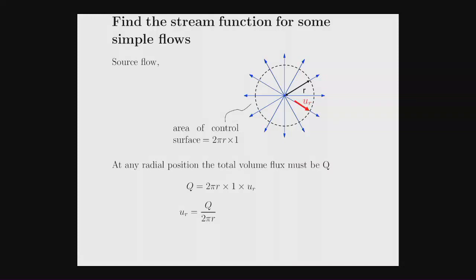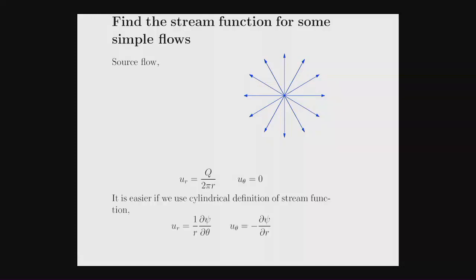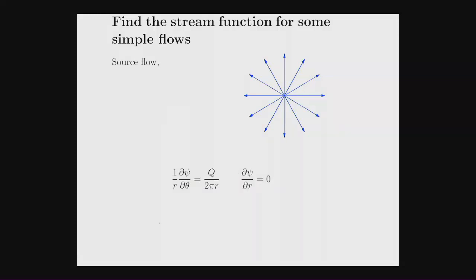So rearranging it, I can get an expression for ur in terms of Q and r. And u theta, as I mentioned before, is just equal to 0. So I know what my radial velocity and my azimuthal velocity are, so I can substitute them into my definition of a stream function in cylindrical coordinates, which is these two things. So substituting for ur and for u theta, I get an expression that looks like this.